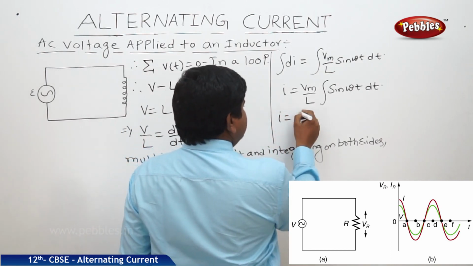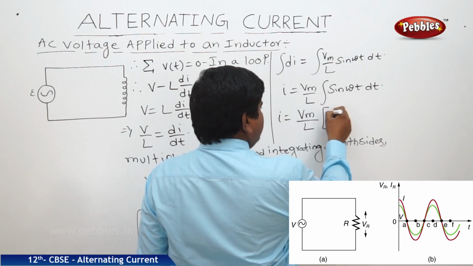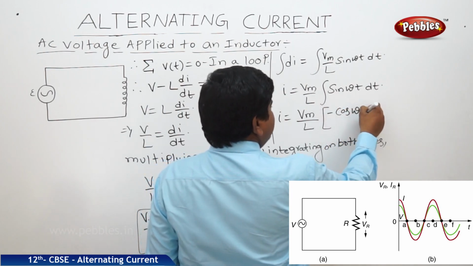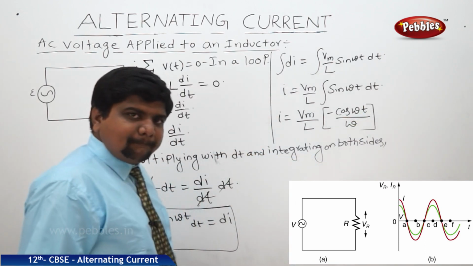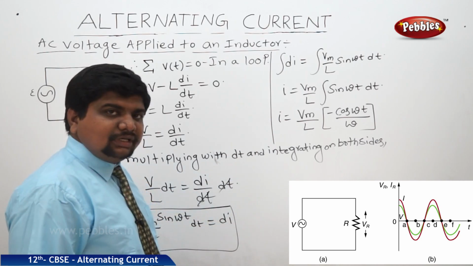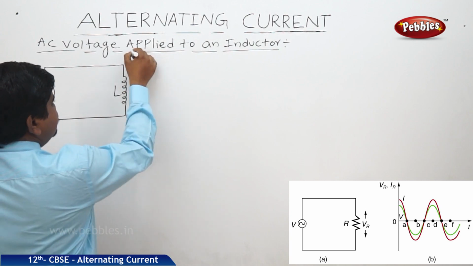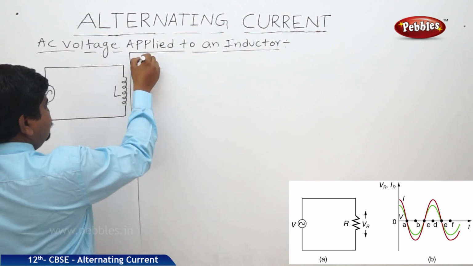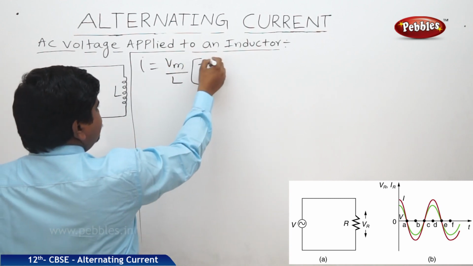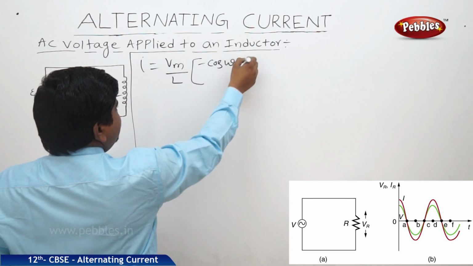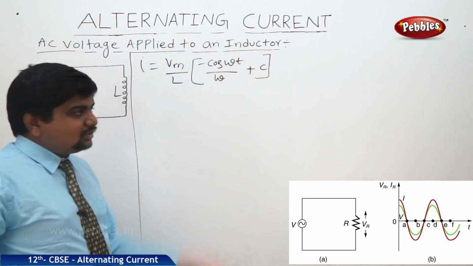Therefore, I is equal to Vm by L into minus cos omega t by omega, plus a constant, because after integration the constant term is common.